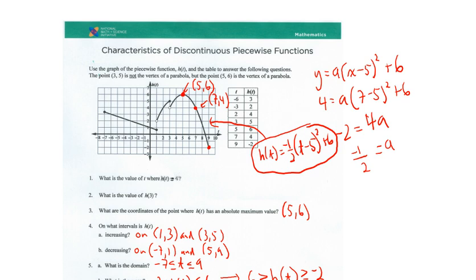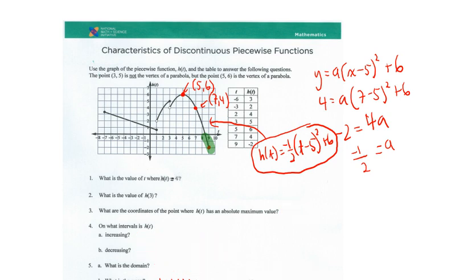So -1/2 t squared plus 5t minus 13/2 equals 0. And if we're going to use the quadratic formula, I don't want fractions. I'm going to multiply the whole equation by -2. So I'm going to get t squared minus 10t plus 13 equals 0. And now I can use the quadratic formula.